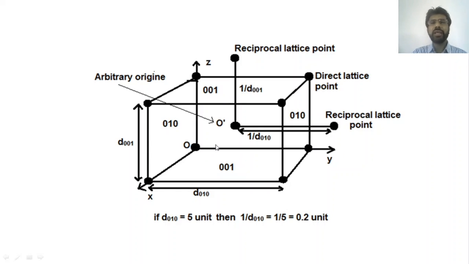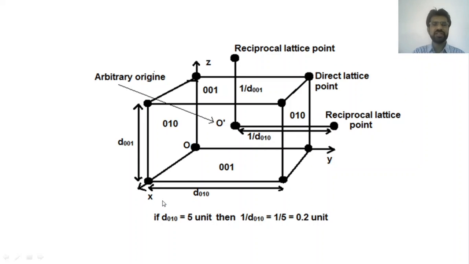Now if we consider any arbitrary origin, O dash is the arbitrary origin, and from this origin if we draw the normal to this plane here. Okay, now then see here. Now this is the plane having the Miller indices 0, 1, 0, and this is the plane parallel to this. These two planes are parallel with each other.